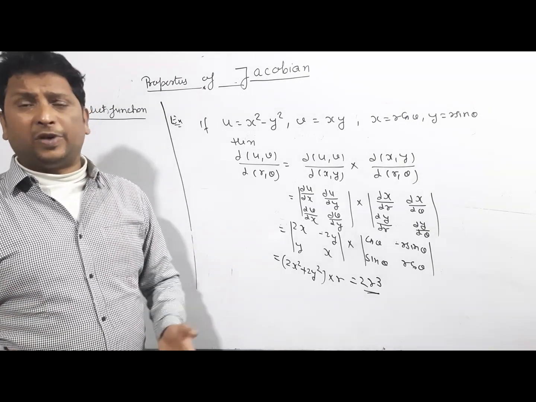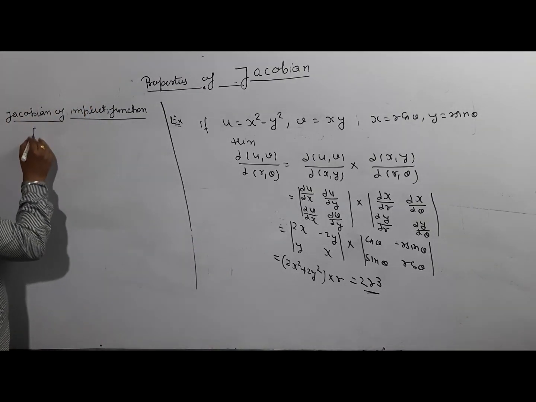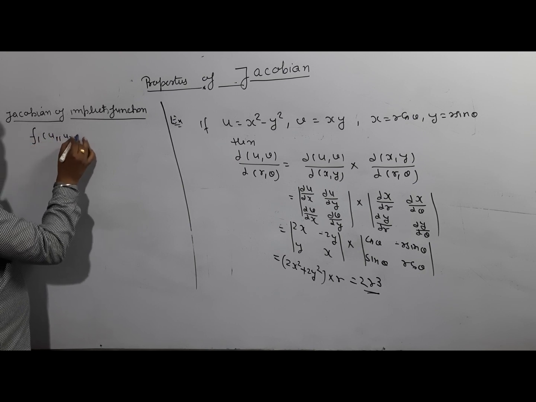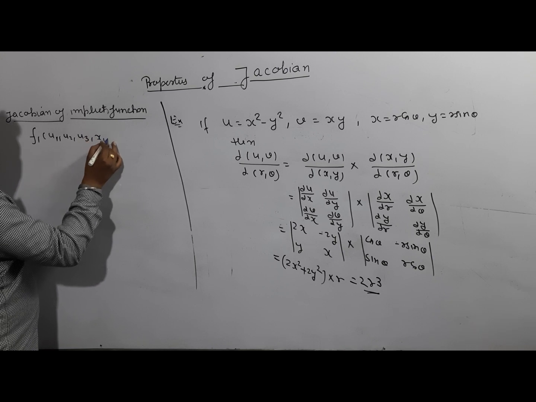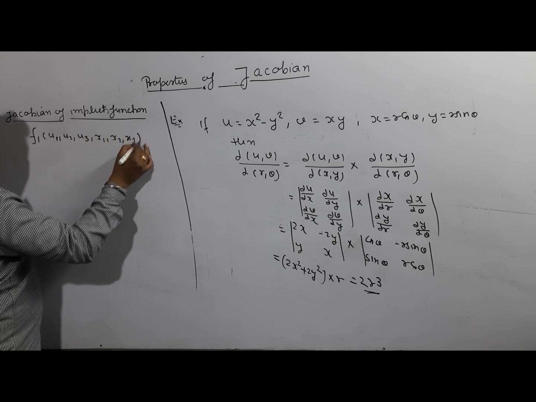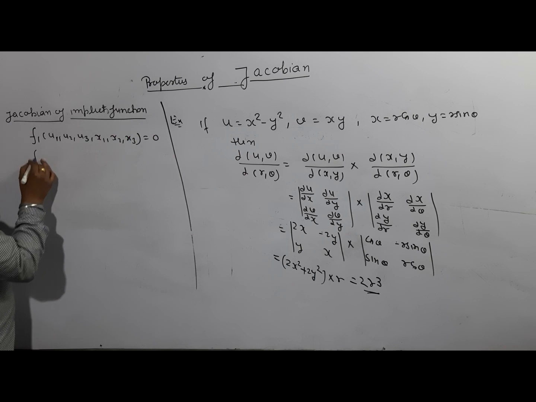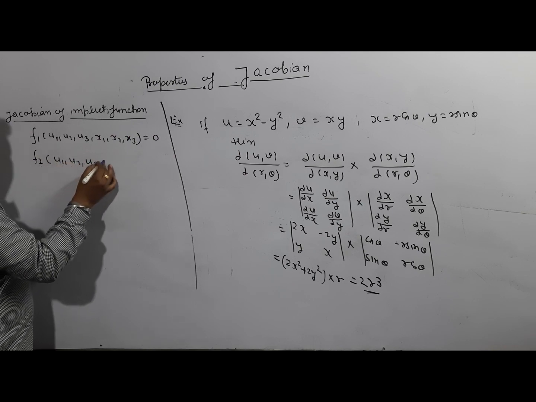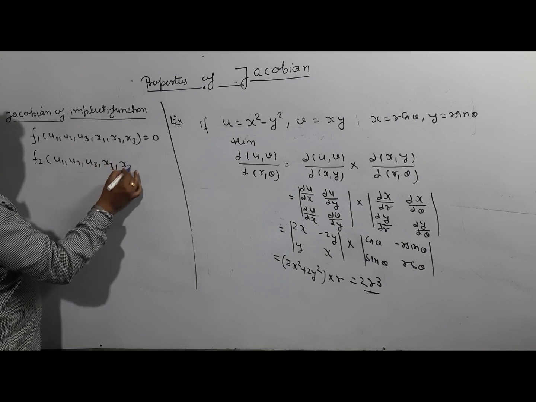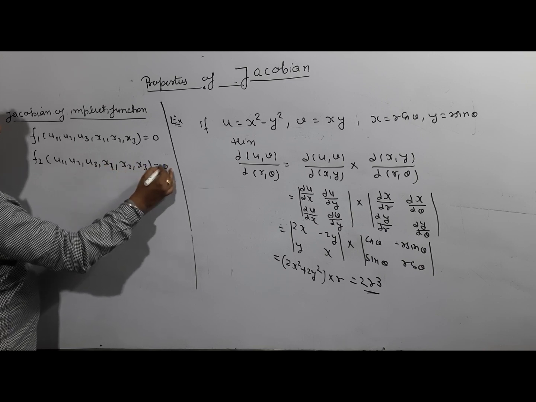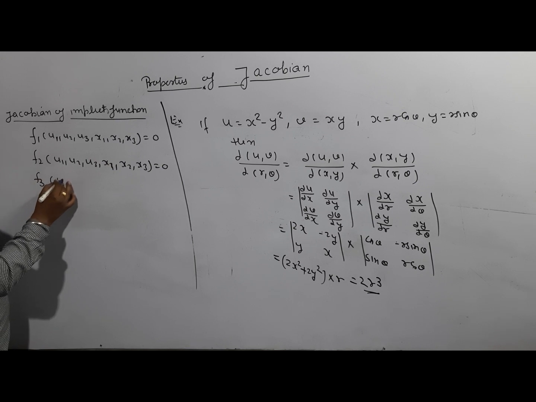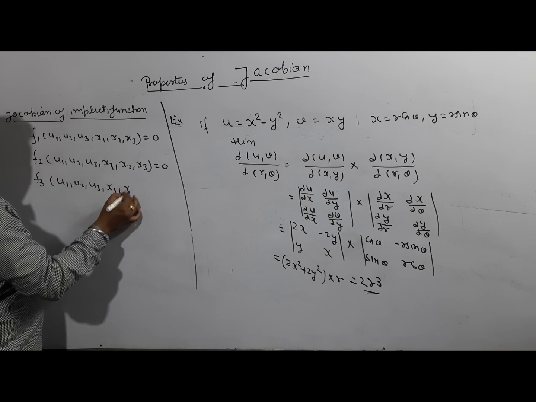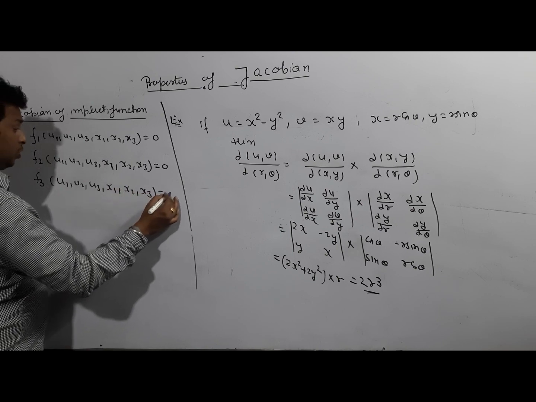So whenever an implicit function is given, it means we have f1 of u1, u2, u3, x1, x2, x3 equal to 0, f2 of u1, u2, u3, x1, x2, x3 equal to 0, and f3 equal to 0.